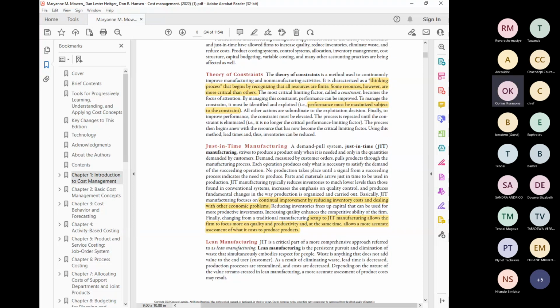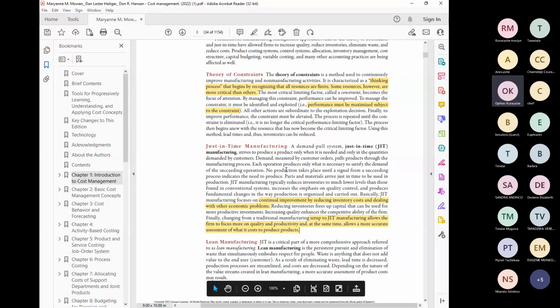So the encouragement will be to make sure that lean manufacturing is used and exploited, so that the entity will eliminate waste. So this is very critical.